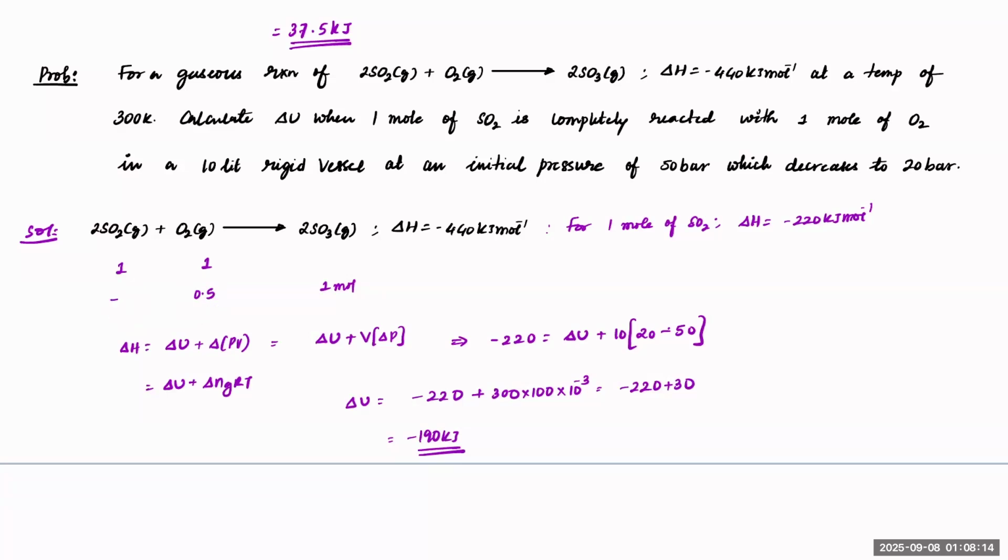Got it? Understood. So is it a complete reaction that is happening? No, sir. Okay. So the only way we can assess is on the basis of their volumes and pressures. Clear? Yes, sir.